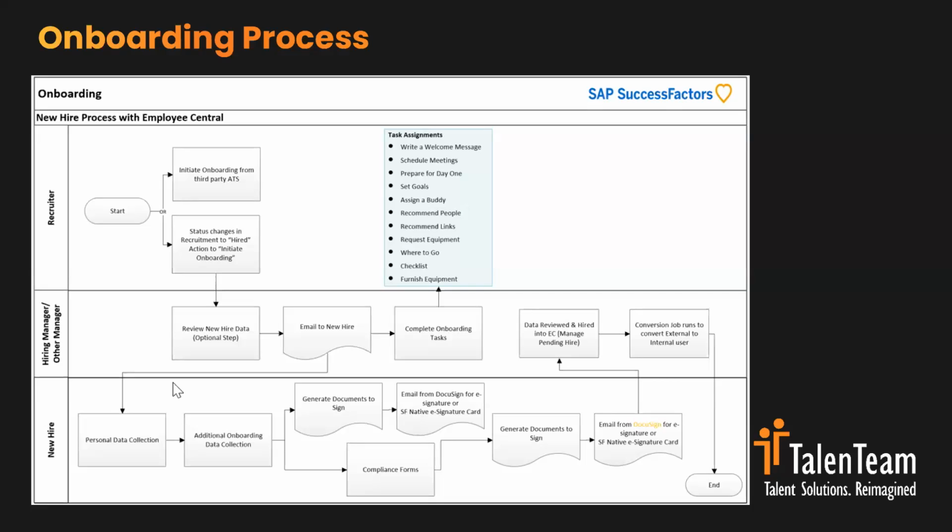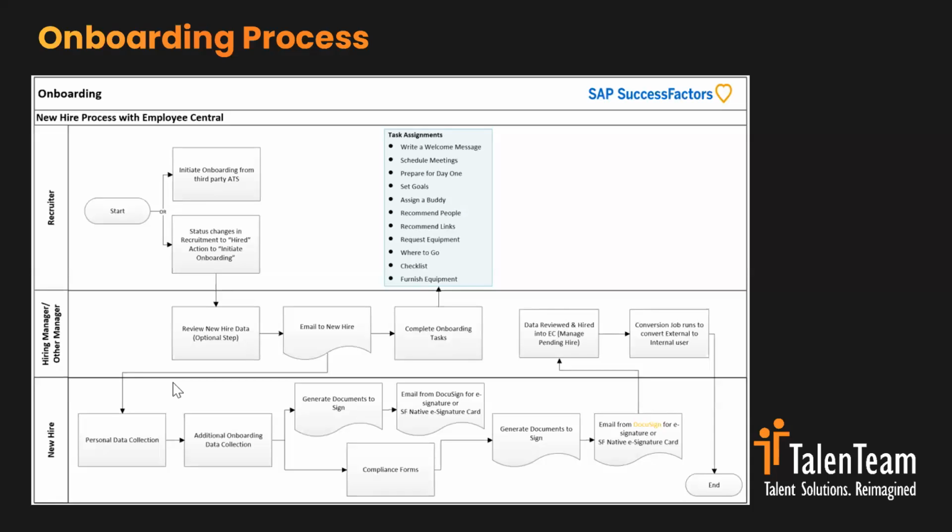Once you review the data that has flown from recruitment, in this step you'll also be able to add additional or extra information, or even modify the data. Being a hiring manager or an onboarding executive, they can review and modify the data and complete this step.